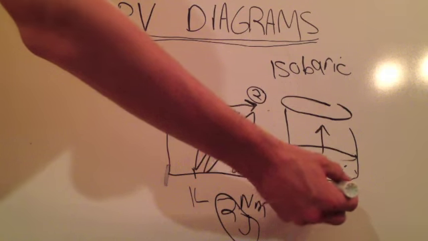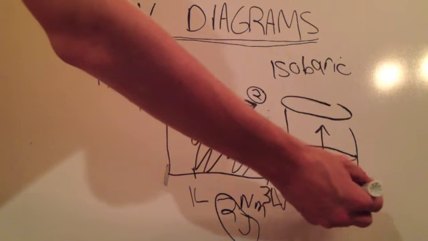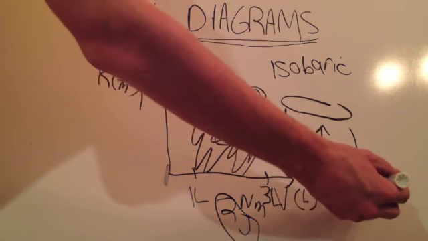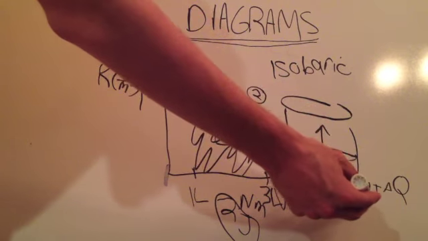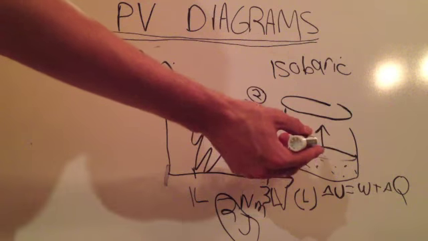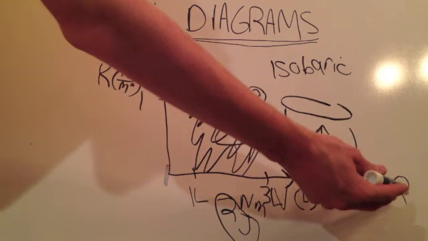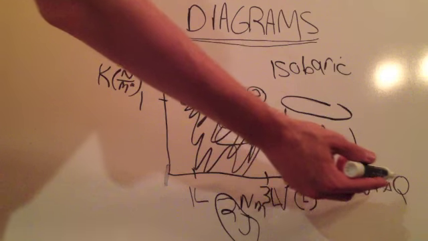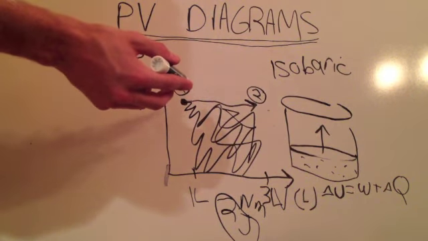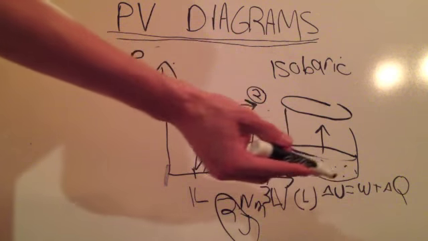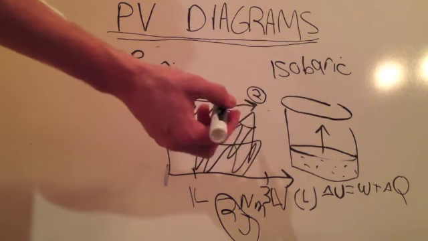So in the internal energy equals work plus the change in heat equation, if the work is negative, as in this case, then we can know that the heat was positive. So to keep the pressure constant in isobaric cases like this, heat has to be added to the system.